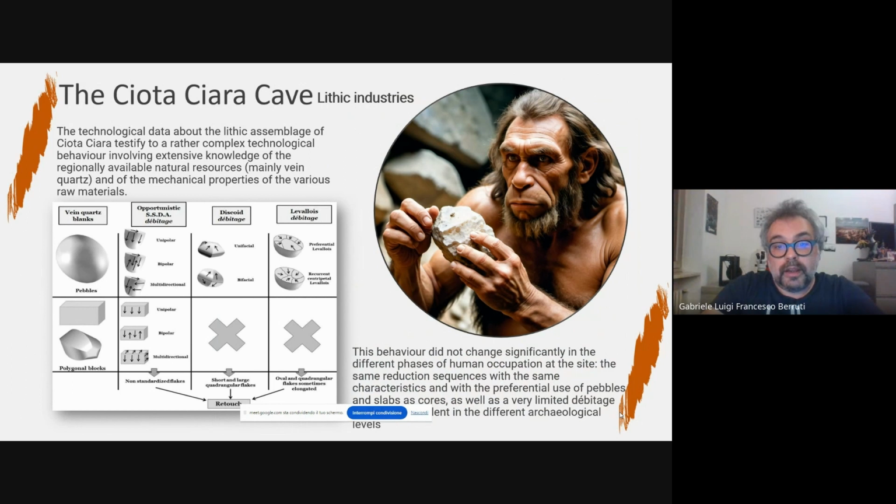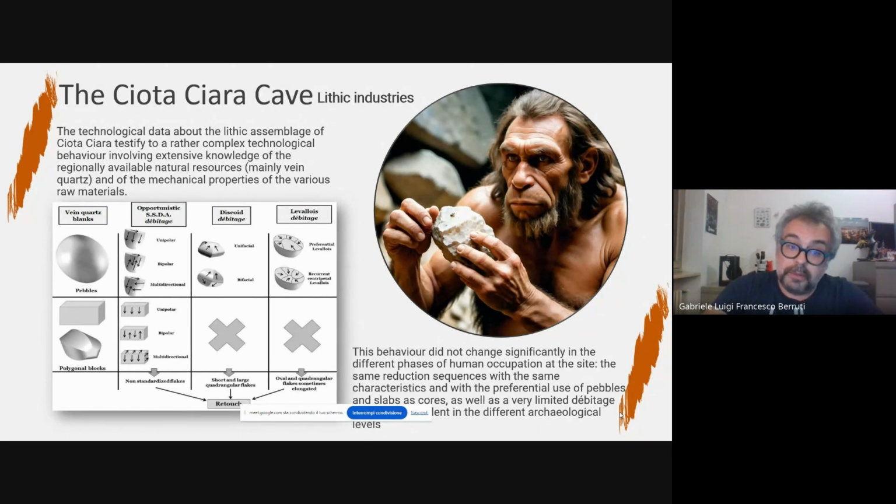For the discoid and Levallois, the Neanderthals that lived in the Ciota Ciara started from a pebble that has the shape linked to the start of the knapping activity.